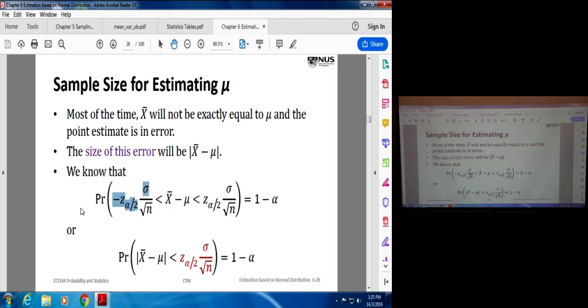What I'm saying is that this statement here, forget about probability, which I'm highlighting in blue, is equivalent to this statement here. So the collection of x for which this is true is the same as the collection of x for which that is true, so their probabilities are equal. Why is that interesting? Well, the key point is that this is our error that we are talking about, the difference between the true population mean and our estimate, in absolute value.